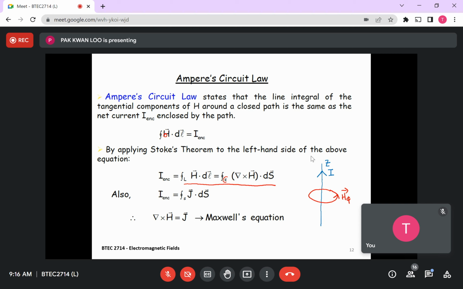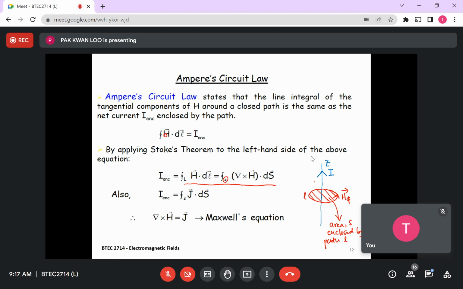So this area here represents the area enclosed by the path L. The area S is enclosed by path L, the closed path.